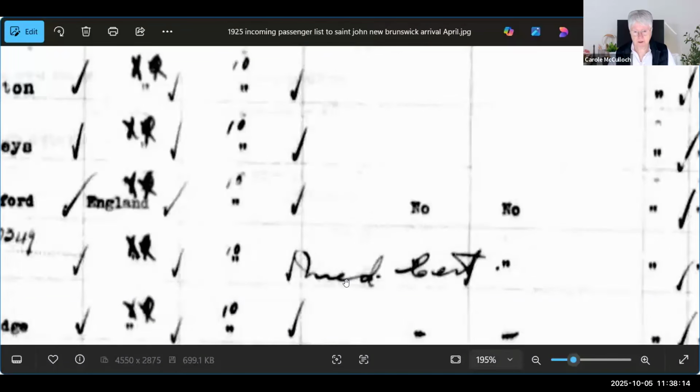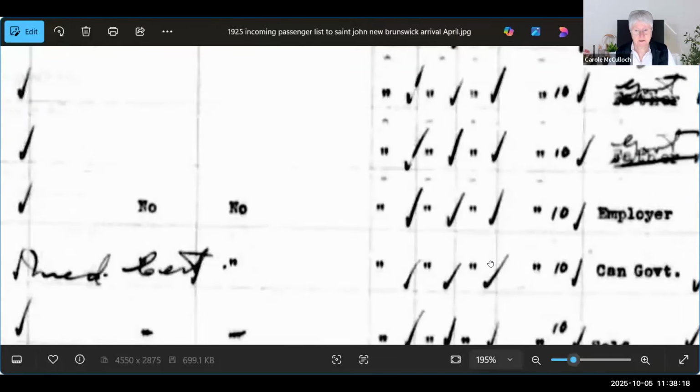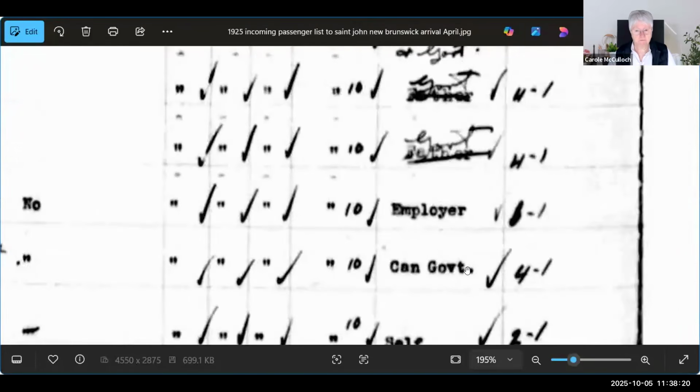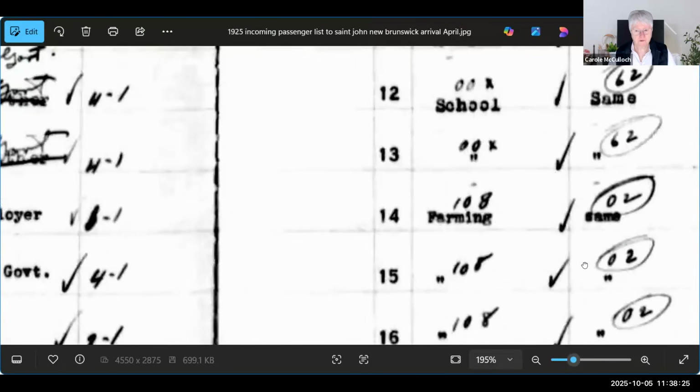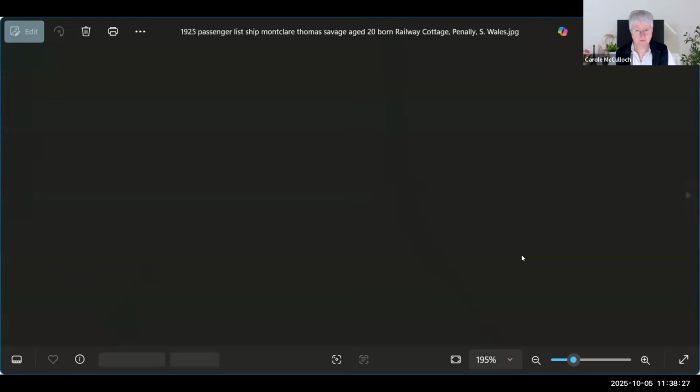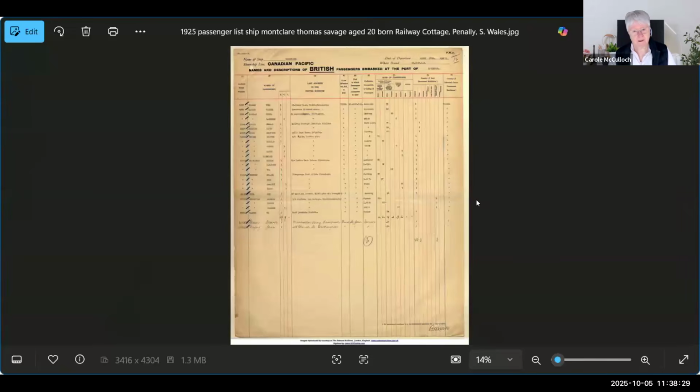Not sure what that reads, something certificate there. And here, Canada government. And then further across, Department of Immigration. Let's go back into that.